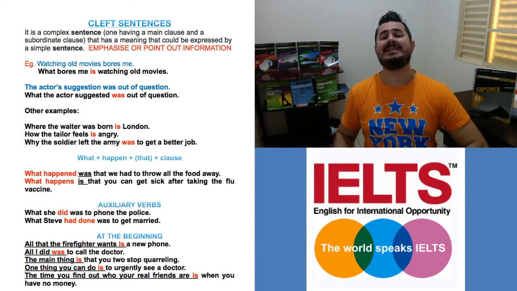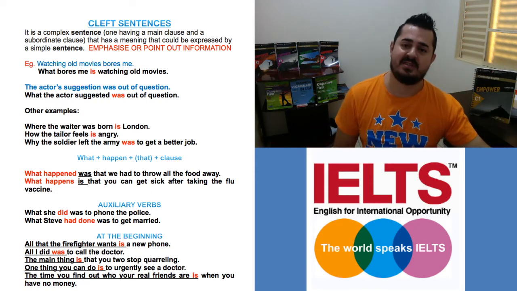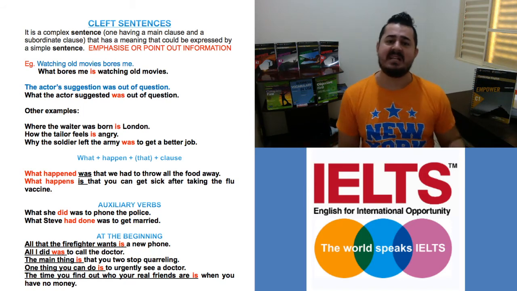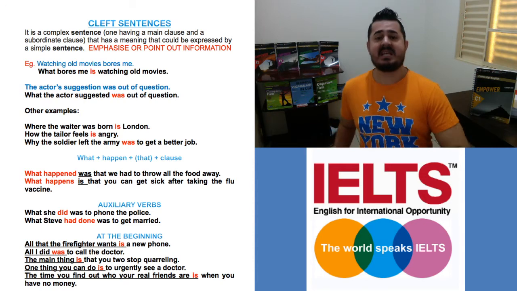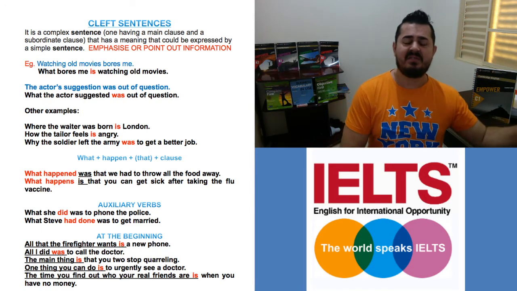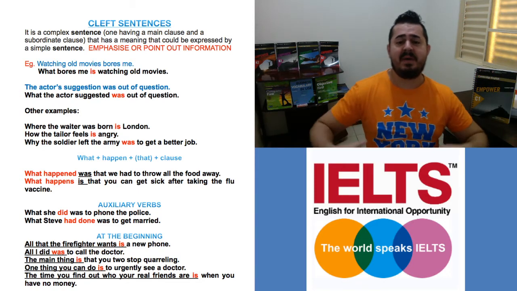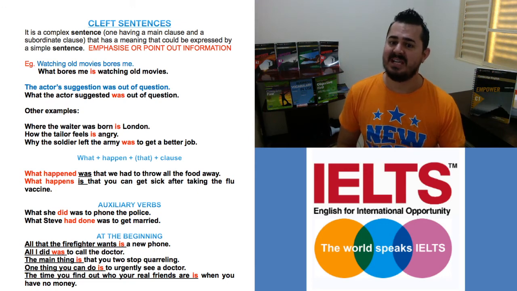One of them is called a dependent sentence, in other words, a subordinate clause. And the other one is the main clause. So, in cleft sentences, you can choose if you want your cleft sentence at the start of the sentence or in the middle of the sentence. So it depends on what emphasis you intend to point out, alright?